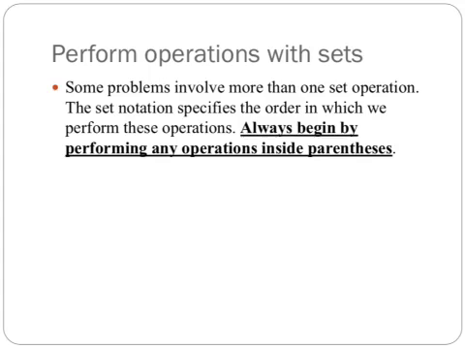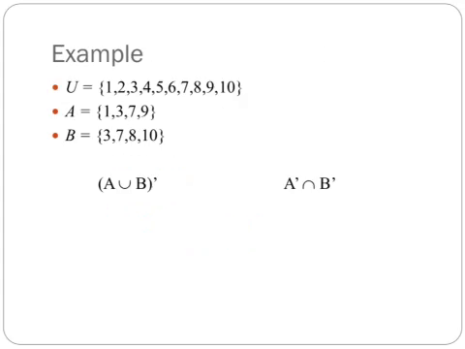Okay, you're going to begin to see operations where it's like A union B or B intersect A union B complement. So just sort of keep that in mind. Here's an example. We're given A union B. We have to do what's in parentheses first.